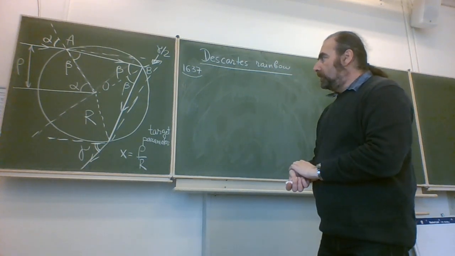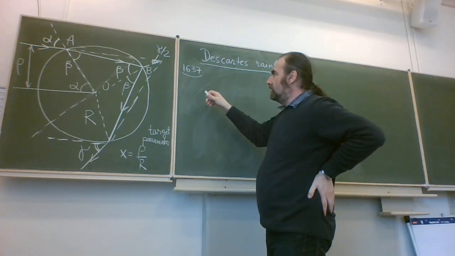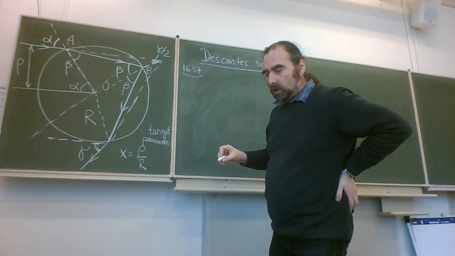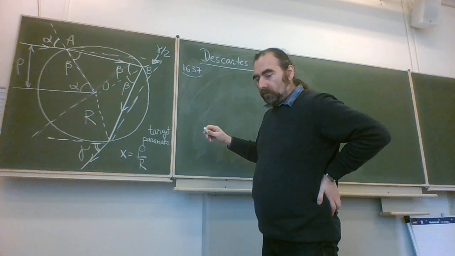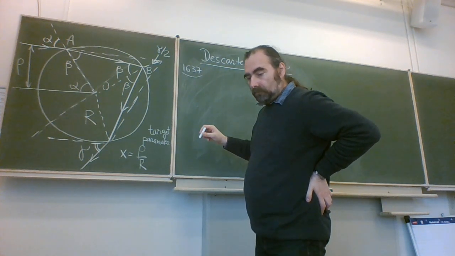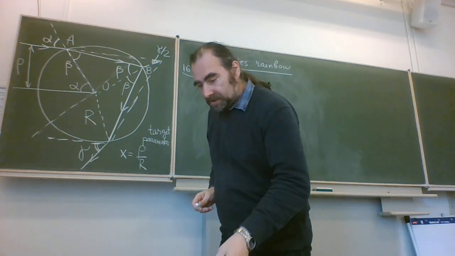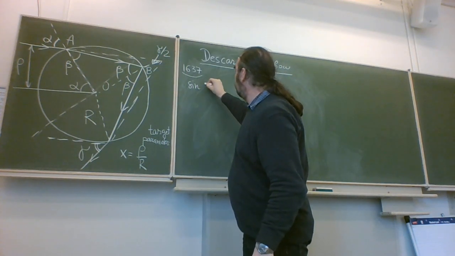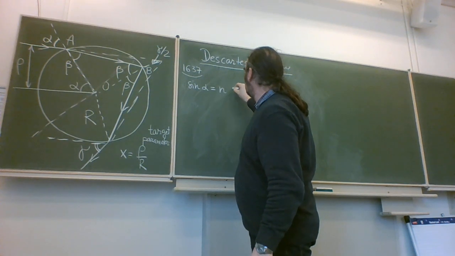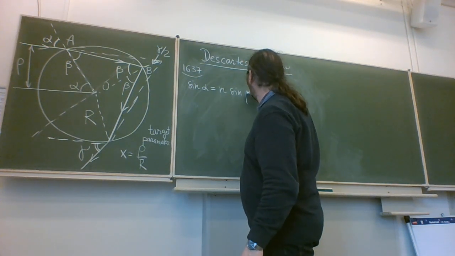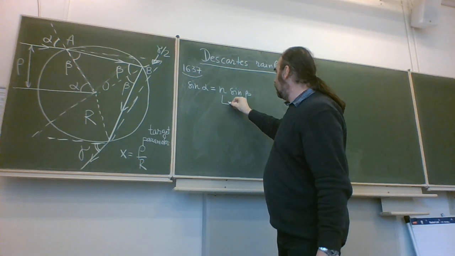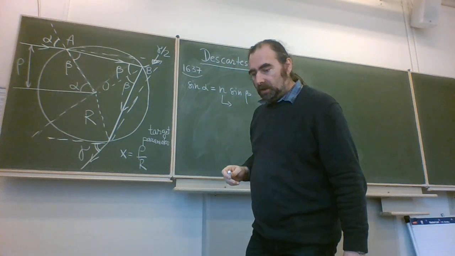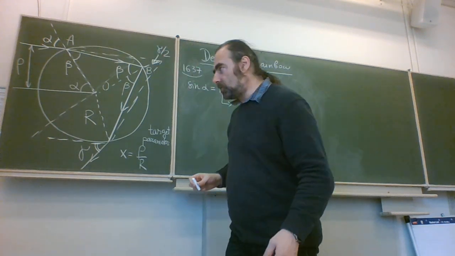Now there are two things which we need for that. One thing is we need the refraction law. And the refraction law tells you that sine alpha is n sine beta, with n being the refraction index.